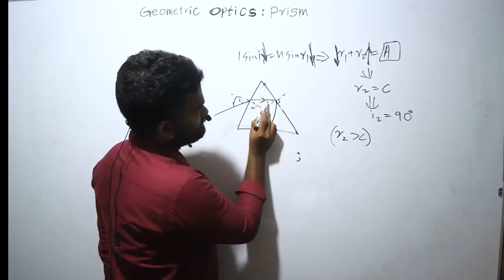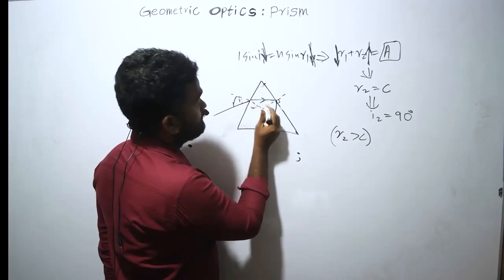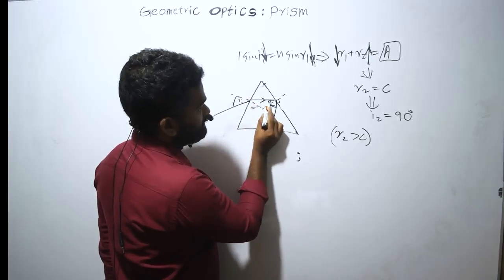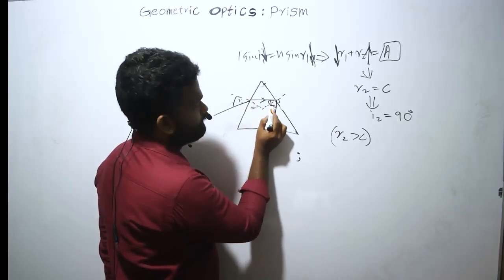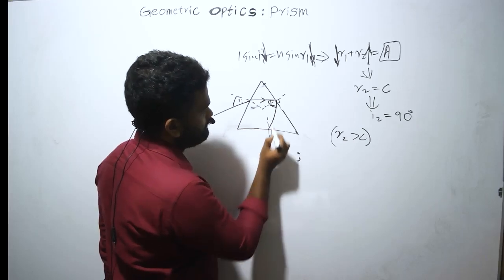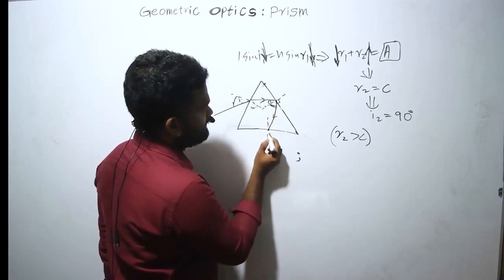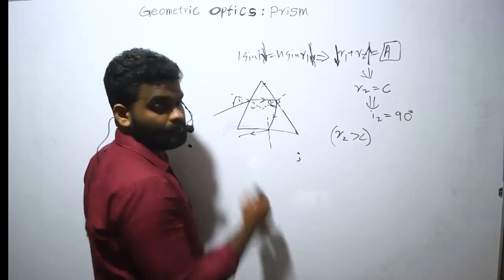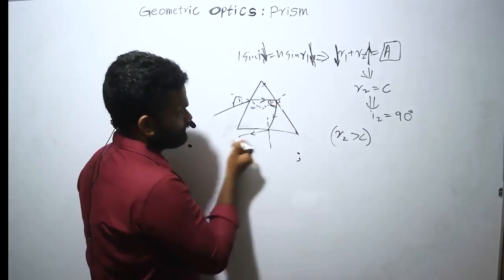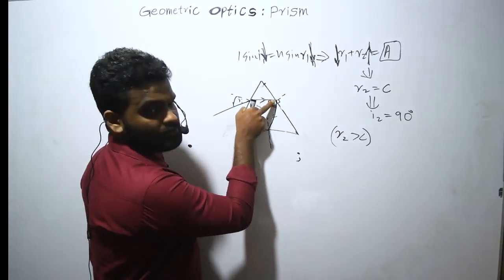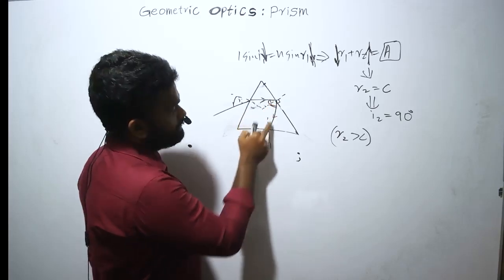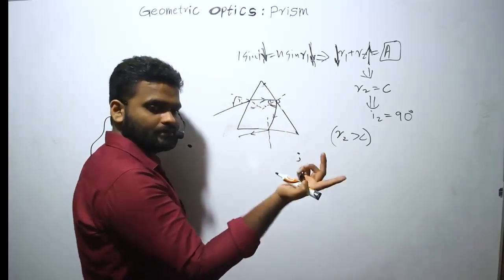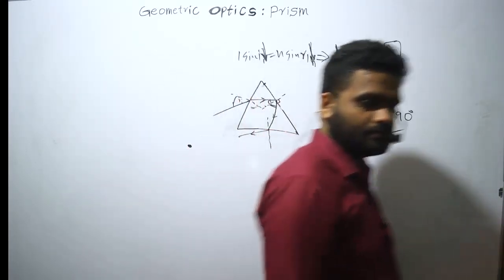When it is reflected, these two angles should be equal, right? It comes like this, then emerges like this out of the prism. Here we have total internal reflection after the critical angle. I think understood, right?